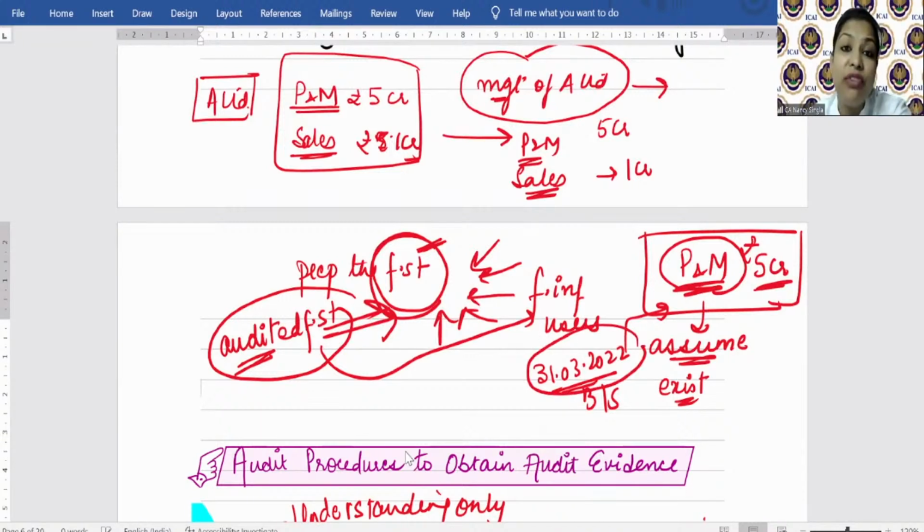If you remember, when we did the difference between the terms audit and investigation, there was a difference that investigation always starts with a preconceived notion that something wrong has been done, but this is not the case with audit.